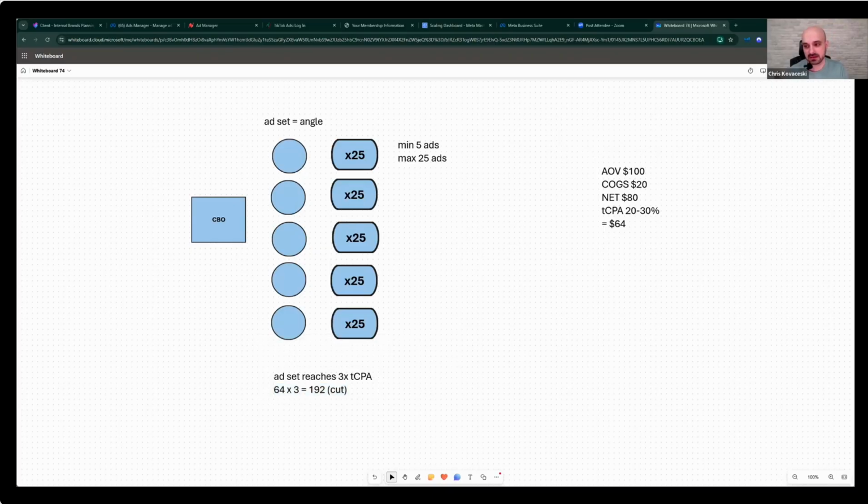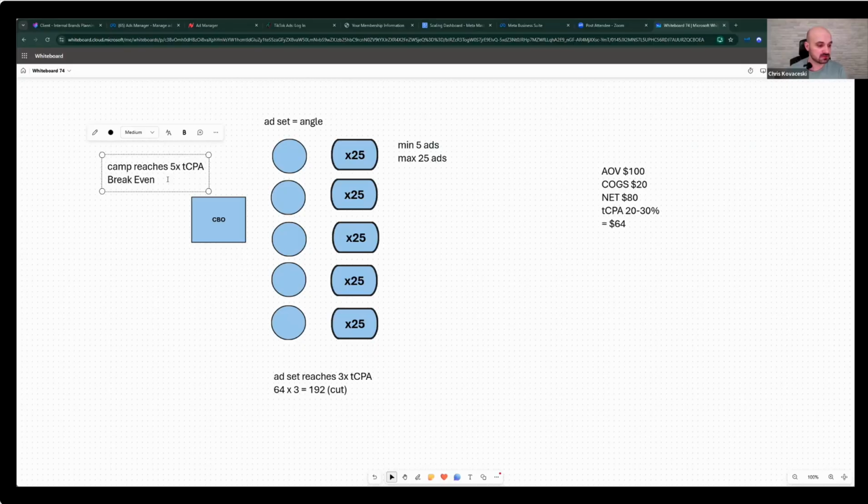And what about like campaign level stats, right? So campaign, so 5 times target CPA, you want to be at least break even, right? So that would be your 64 times 5.